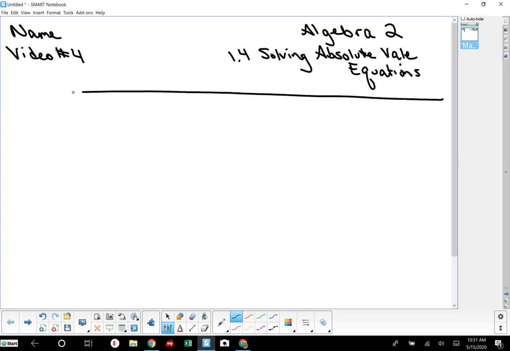All right, so we need some information. First, you probably do know this, absolute value is the distance from 0, is the measure. So it's a measure, which is why it can't be negative.